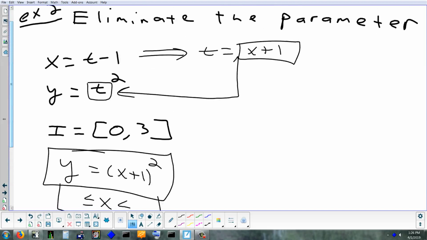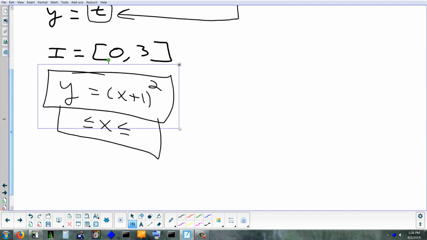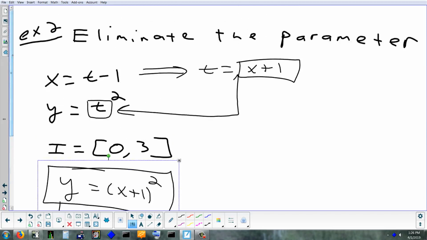And now I am only interested in what's happening to the x values because you gave me a formula for x. This is a function in terms of x. So just tell me what I'm allowed to plug in for x. From what to what? Let's start with plugging in 0. What's the smallest x value that you would ever get if you plug 0 in for t in the x equation?